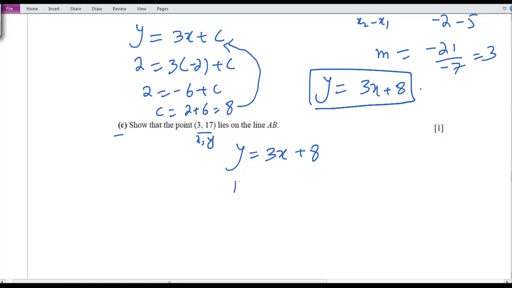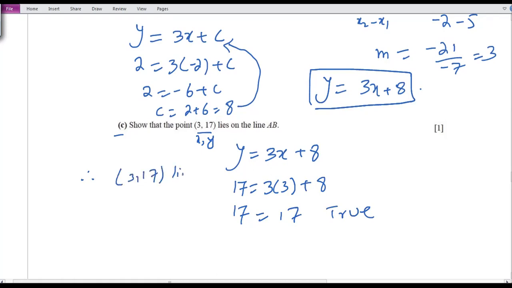It will become 17 equal to 3 into 3 plus 8, 17 equal to 9 plus 8, which is also 17. Both sides are equal, which is true. So this will prove that the point (3, 17) lies on the line. If both sides are not equal, then it means the point doesn't lie on the line.